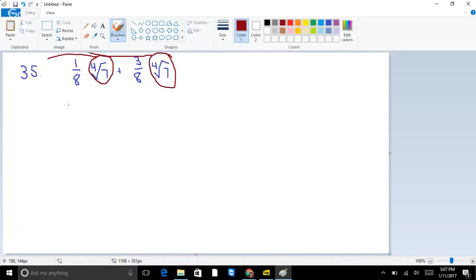And we would end up with the 4th root of 7 times 1/8 plus 3/8. Okay. And we can simplify this, right? 1/8 plus 3/8, that's easy. It's 4/8 or 1/2. So 35 we would write as 1/2 the 4th root of 7.